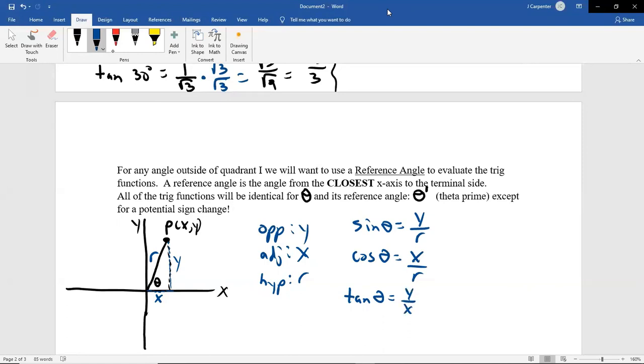Instead of calling them opposite, adjacent, hypotenuse, I'm giving them names that are related to their points, x, y, and r. Or we can do the other 3. Cosecant would be r over y, just flipping the sine. Secant would be flipping the cosine, which is r over x. And then cotangent would be x over y.